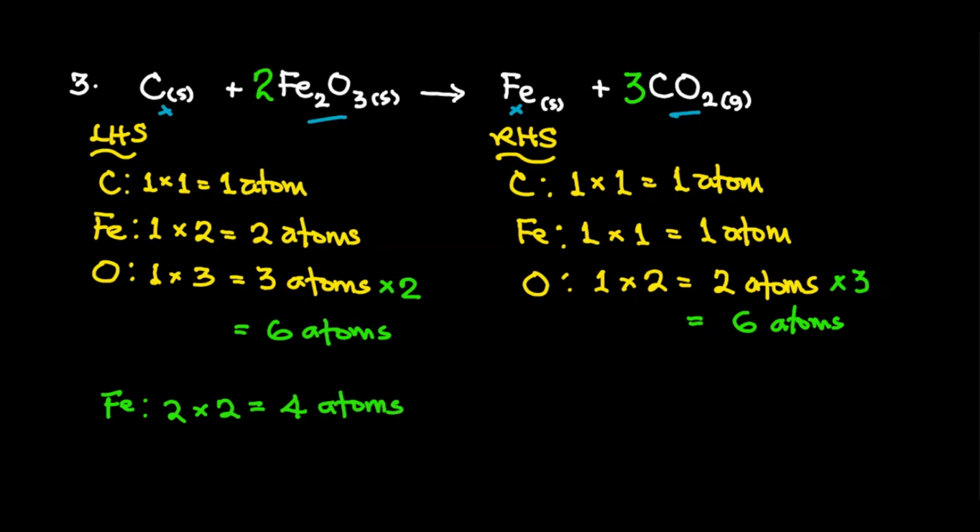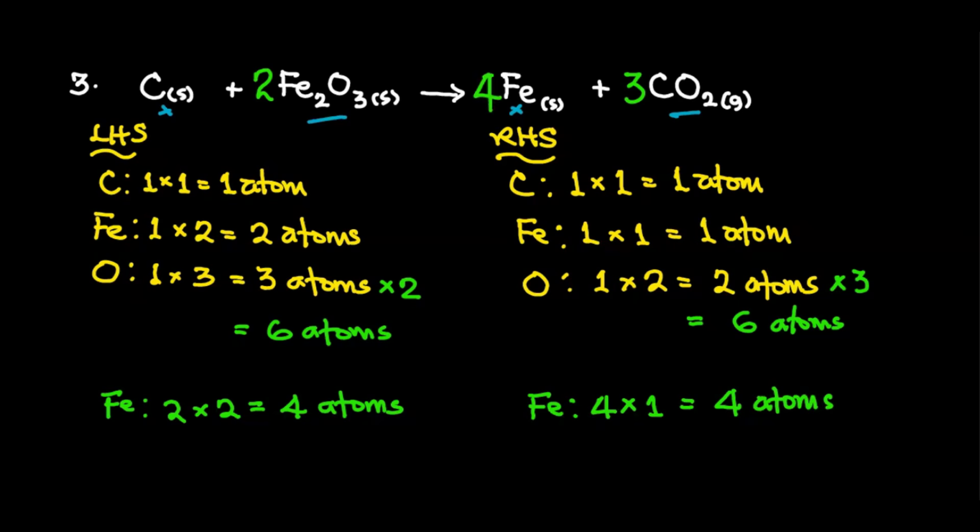So what can we do to 1 atom of iron to make it 4? We can do what? Multiply by what? 4. So if we multiply iron by 4, that'll be 4 times 1 will give us 4 atoms, is it not? Good. So we add 4 here.